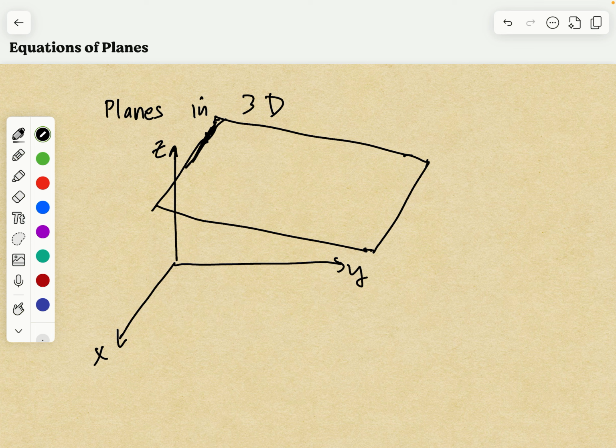Well, suppose that you have a vector that's perpendicular to the plane, like this. So let's call this vector n.